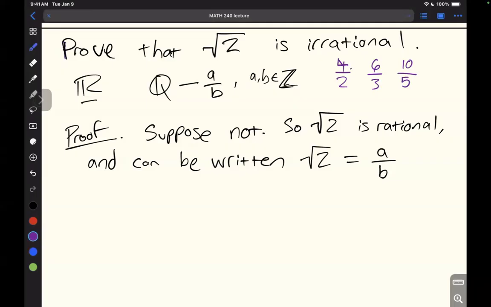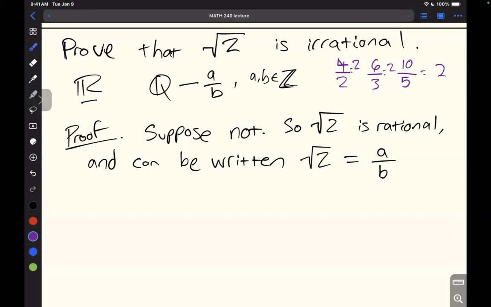So 4 over 2 is 2. 6 over 3 is also 2. 10 over 5, is that also 2? That should also be 2. Right. So we can write a rational number in different ways.